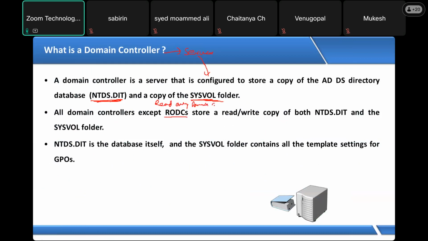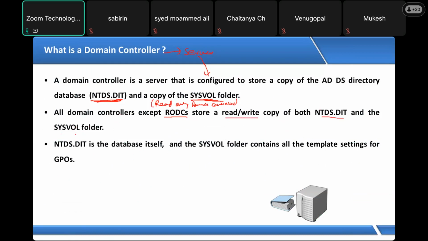Here he can only monitor it, but he can't make any changes. In a read-only domain controller, the ntds.dit file and SYSVOL will have the read option. But in all normal domain controllers, ntds.dit and SYSVOL will have what option? Read-write, which means we can modify.